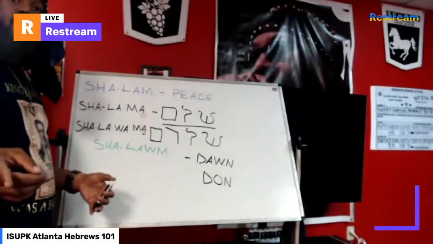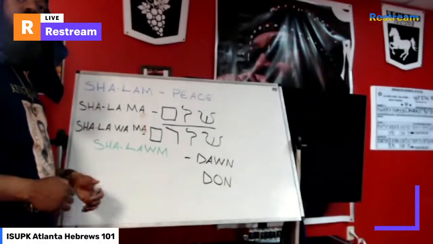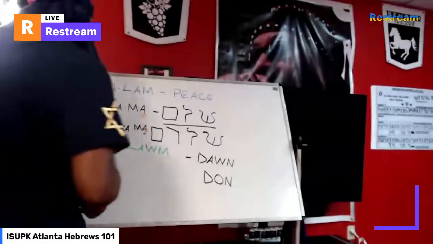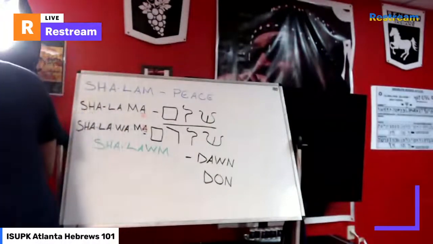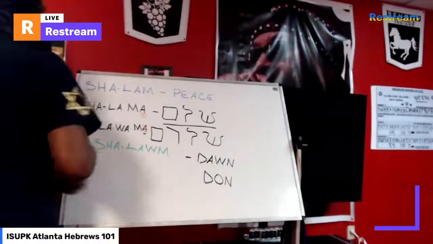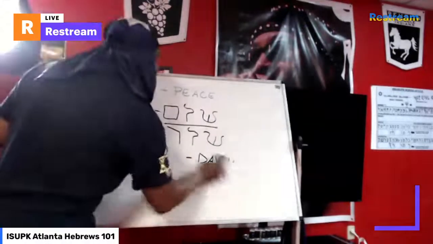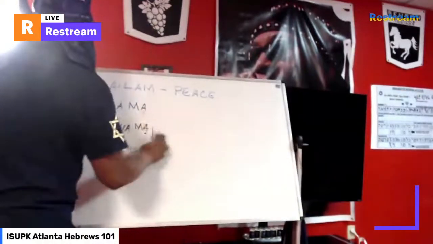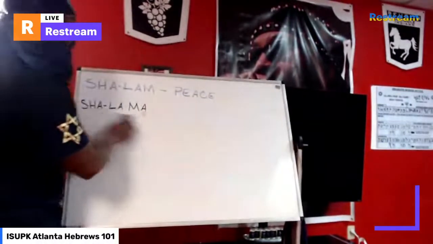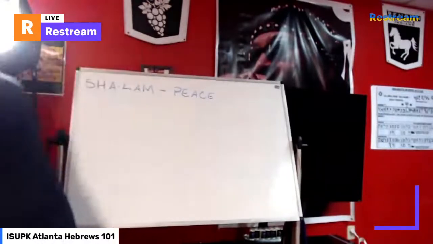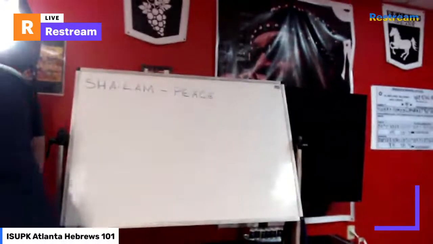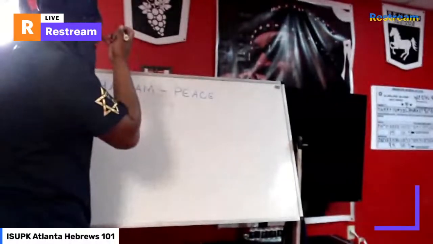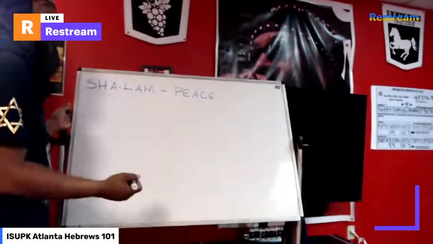Yes. Question: so in the Paleo, it wouldn't be written with the wa? Yes, it would. That's a good question. So let's go ahead and take a look at it. So now let's go to Paleo or Ancient Hebrew.